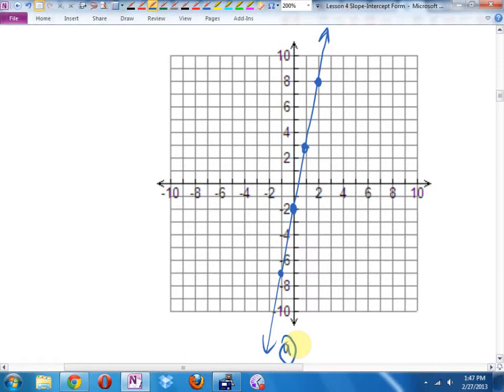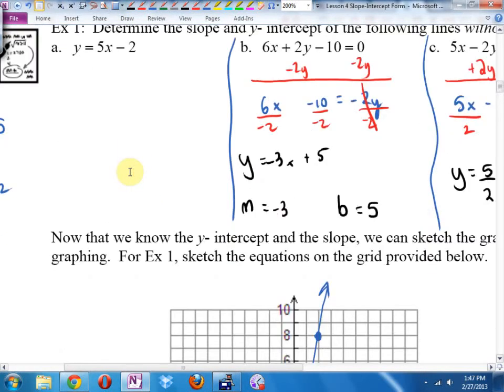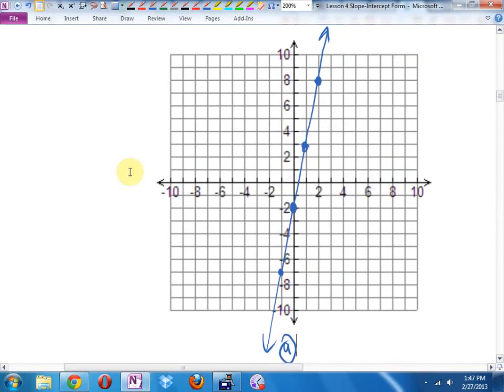Line B. We said that one had a slope of negative 3 and a y-intercept of positive 5. So I'm going to start out with my y-intercept of positive 5. Ty, did I get that one right? I did? Whew. What's the slope, Ty? Stop. That means down. Negative what? Over. So down 3 over 1. Always over to the right, but the negative tells you whether to go up or down.